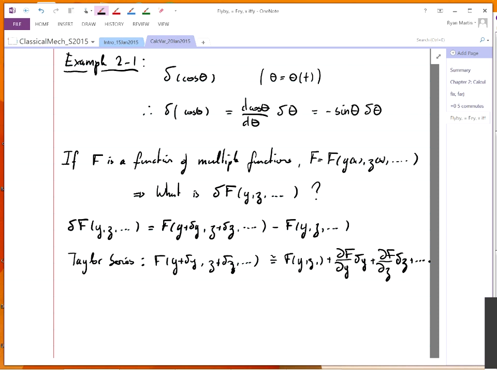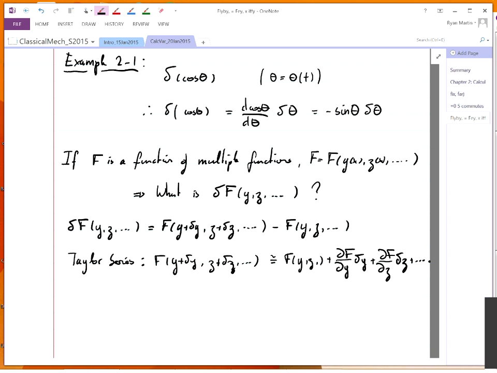The second order terms are going to be like ∂²f/∂y∂z. All right, so this is the same thing when you do a Taylor series of a function of multiple variables, right? You have to switch to partial derivative.